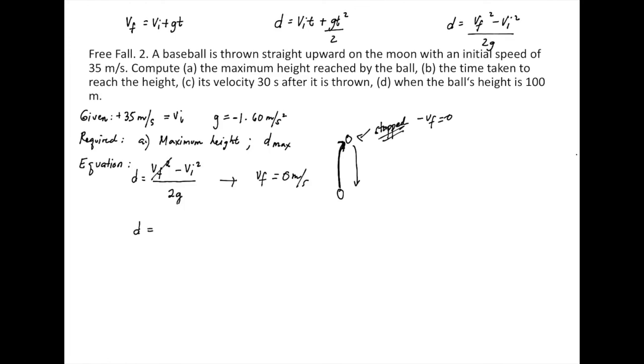We have here the Vi square, and that's negative 35 meter per second, then you square it, divided by twice the gravity of the moon, and that is negative 1.6 meter per second square.